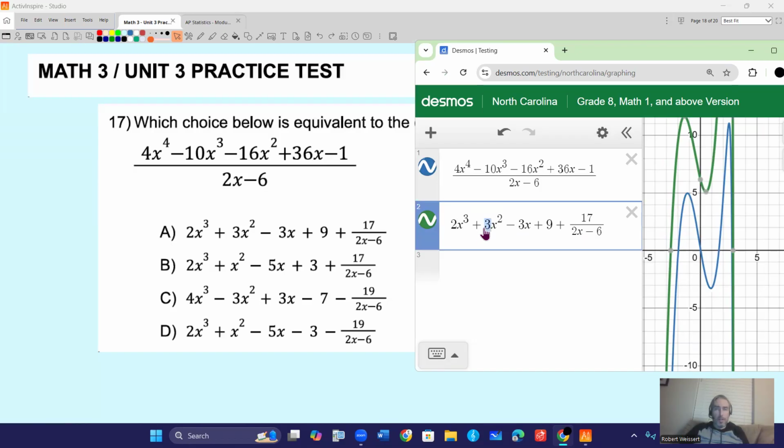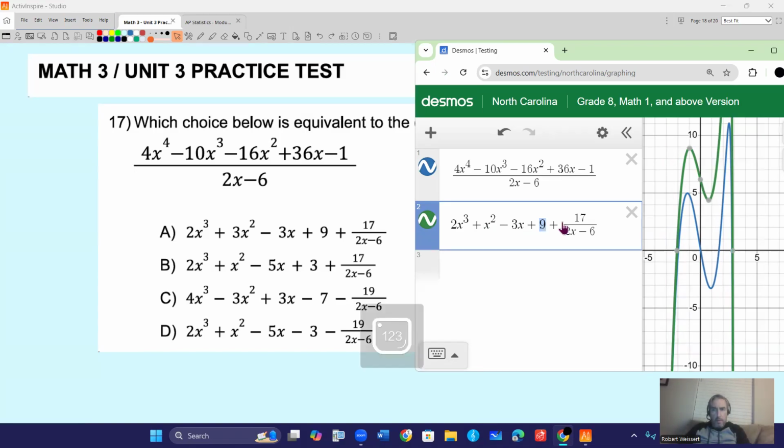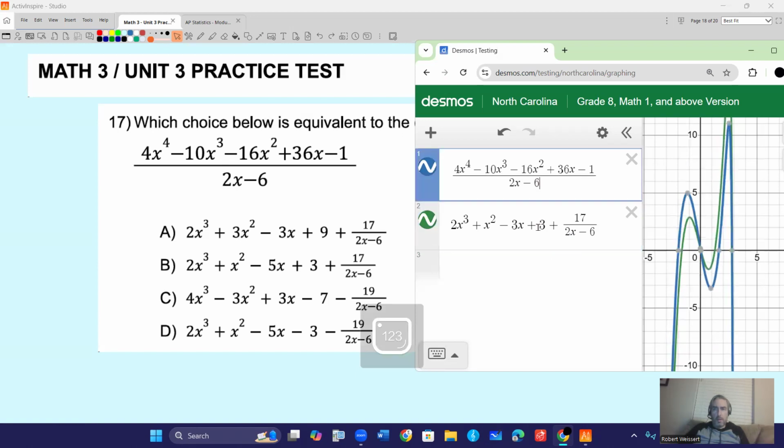So we'll go to answer choice B and just go down the line. Edit what you need to edit. And it's a little closer, but it's still not the same. Oops, that should be a 5. Oh, we got it now.